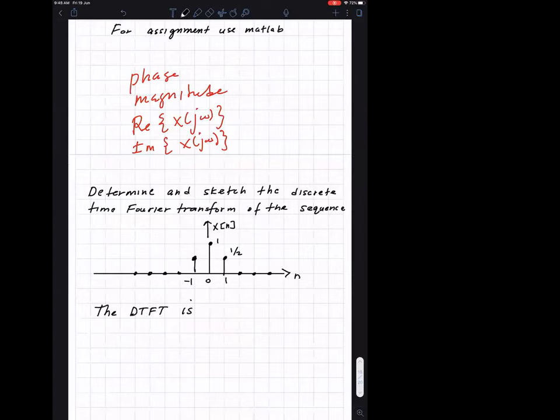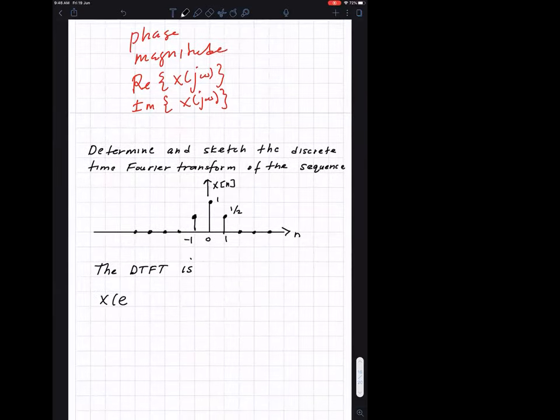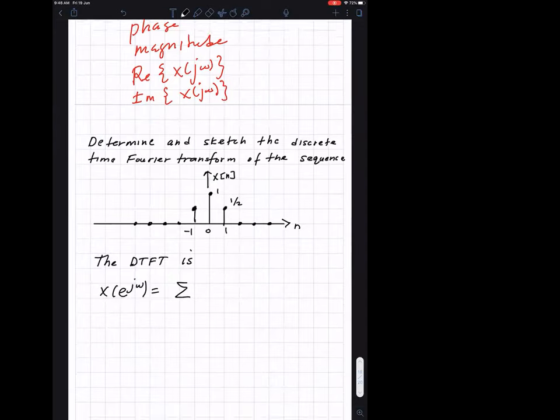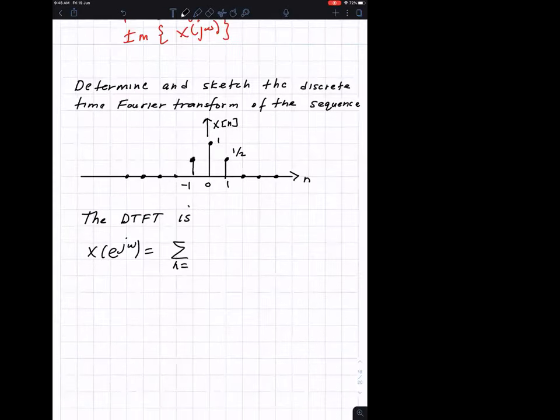So the discrete time Fourier transform is given by this formula, n equals minus infinity.